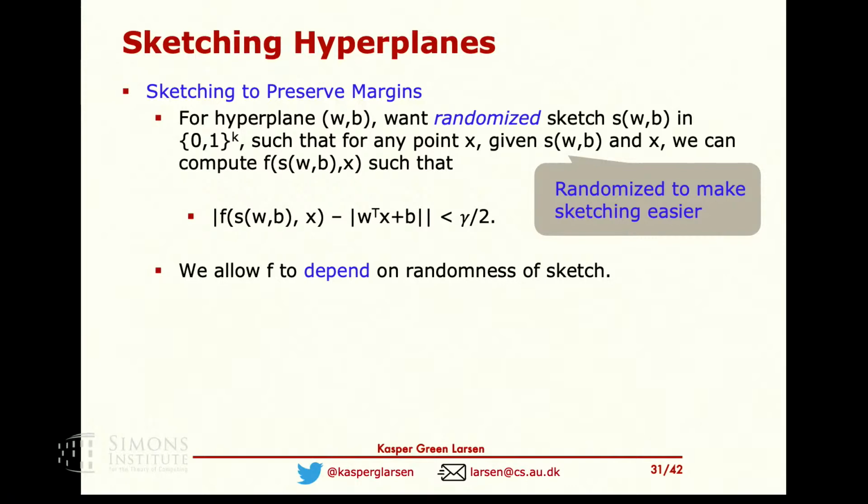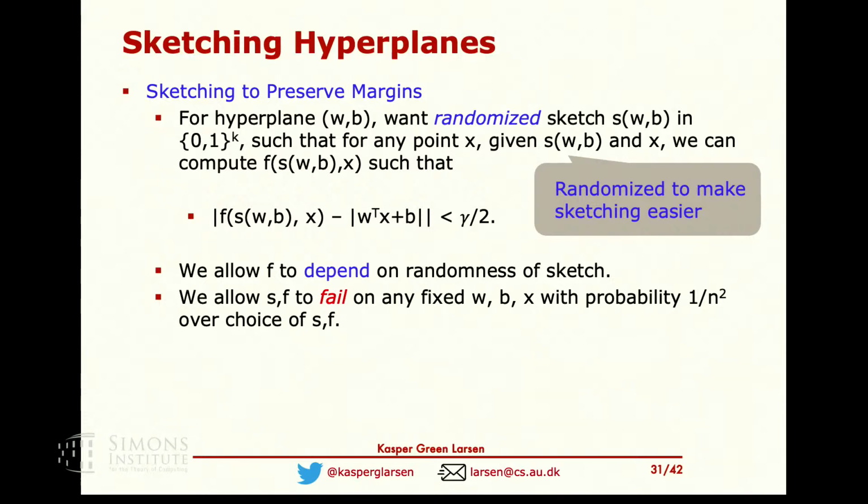If you have some random string that is used to make your sketch, you can look at that when you want to estimate w's inner product with x plus b. Actually, there should not be an absolute value here. That's a mistake on the slides. Forget that absolute value on the slide. You have to approximate it.